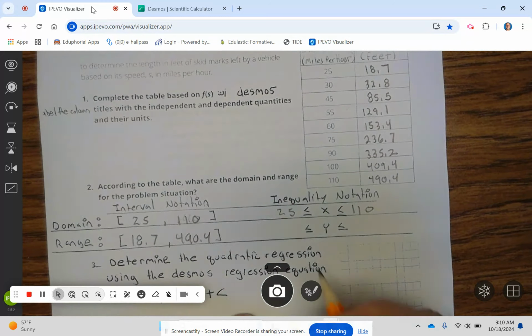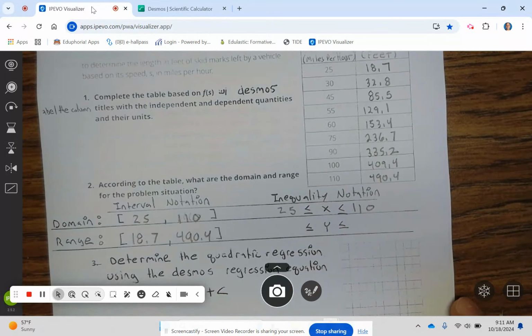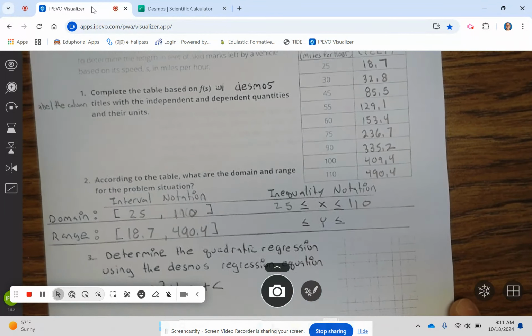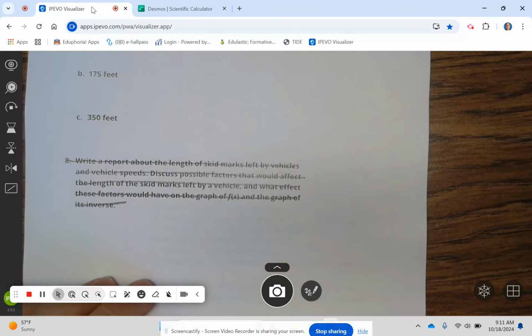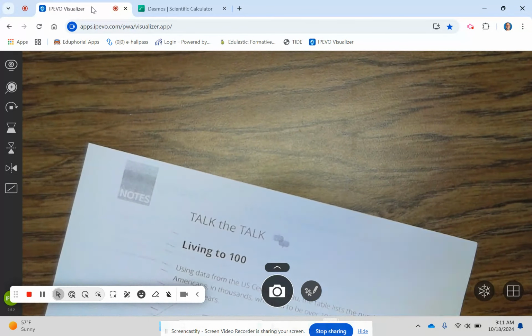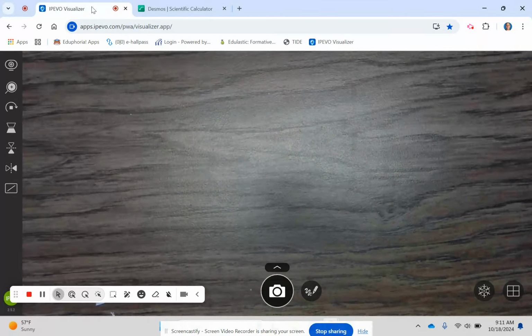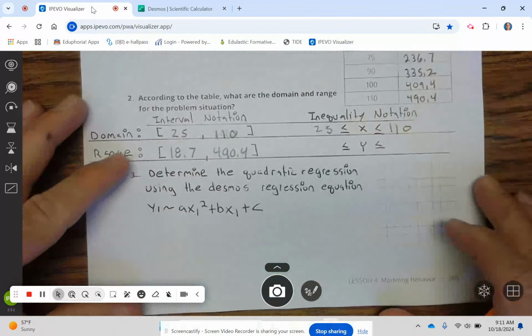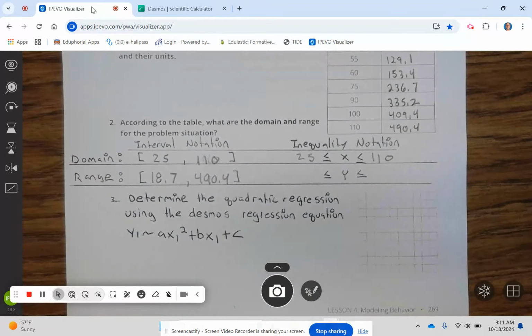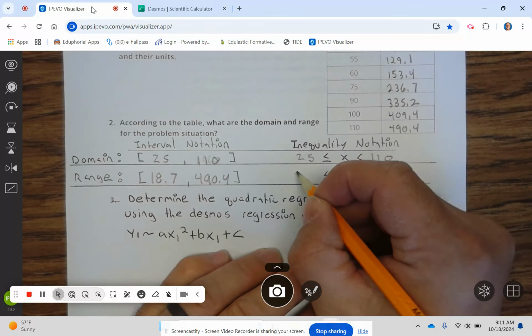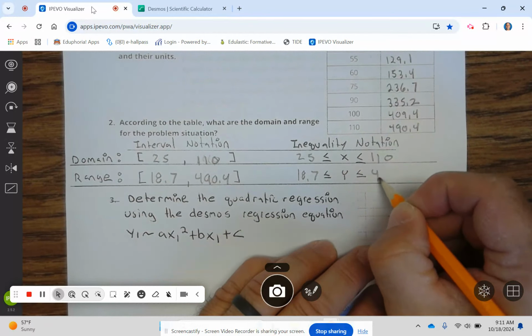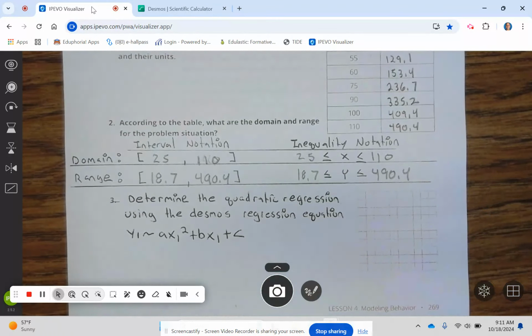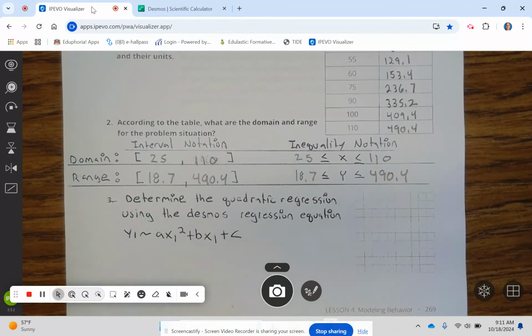And in inequality notation, it's 18.7 less than or equal to y less than or equal to 490.4. All right, go ahead and complete number 2.